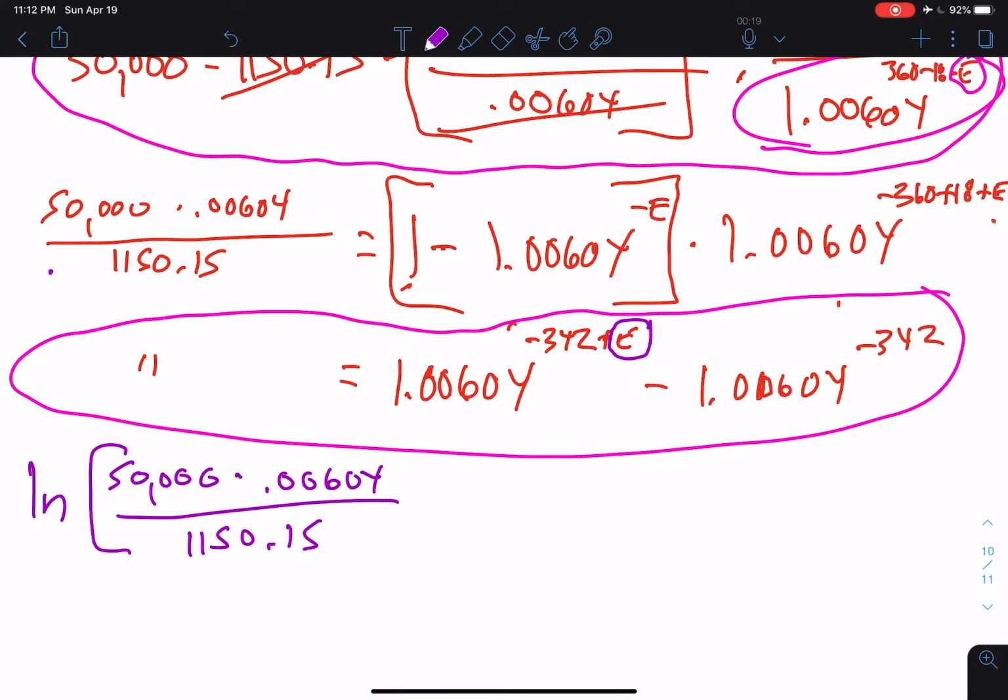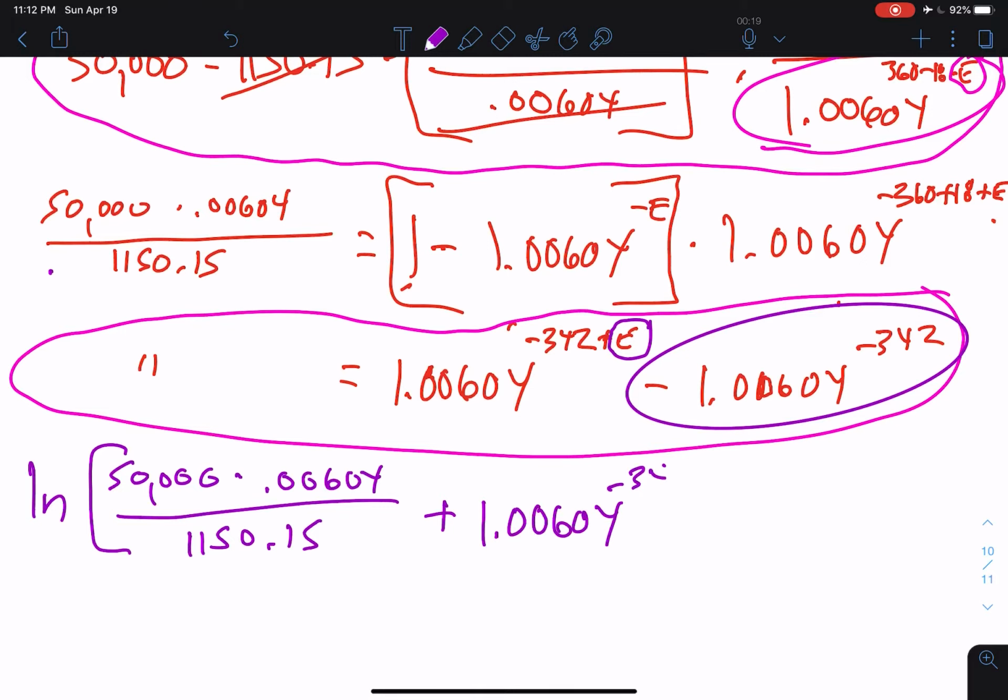I might as well bring this term over. It'd just be part of the left-hand side. I could have done that first, and I end up taking the natural log of that anyhow. So plus 1.00604 to the minus 342 power. So again, all I did was take this term over here and then take the natural log of everything.